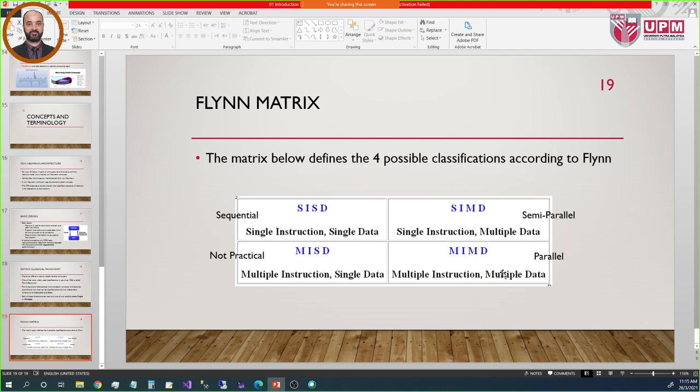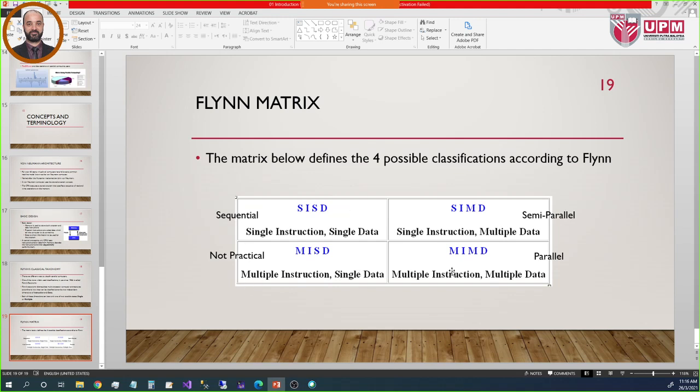As you can see here, this is the array of the classification, which is called Flynn's taxonomy. We have a two-dimensional array with 2 columns and 2 rows. The columns are related to data: single data, multiple data.